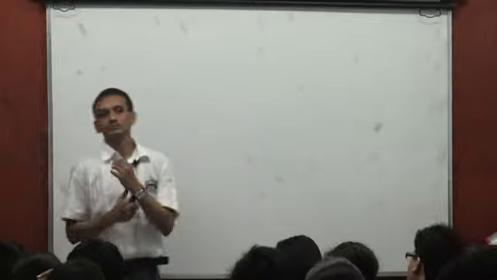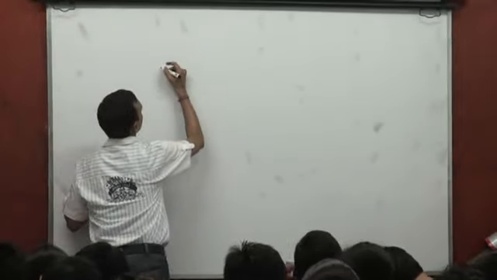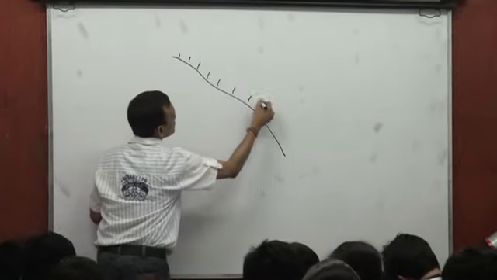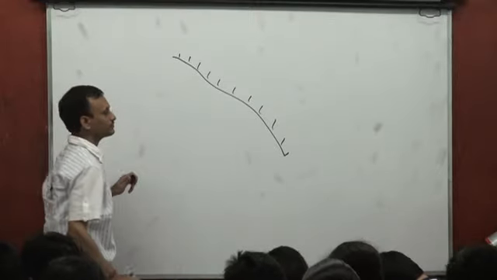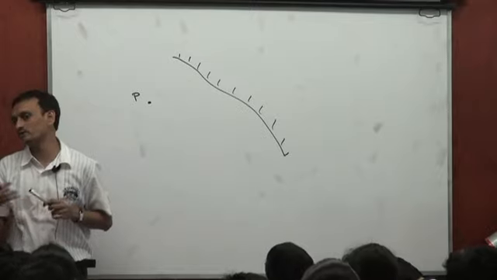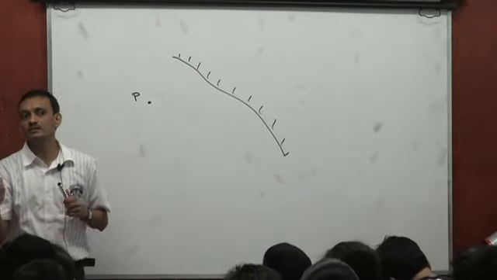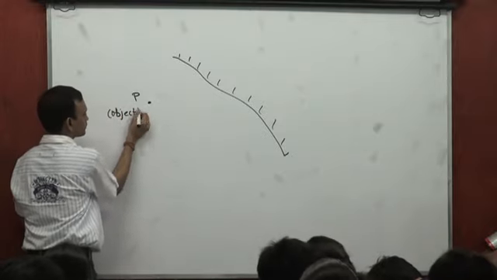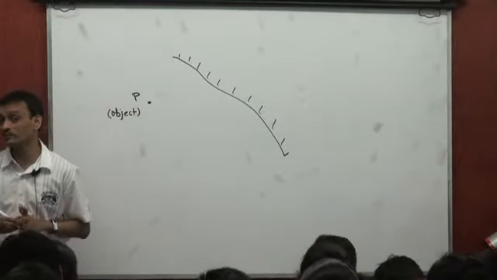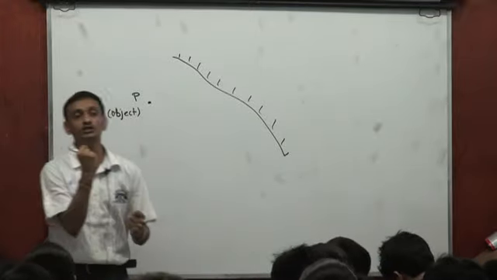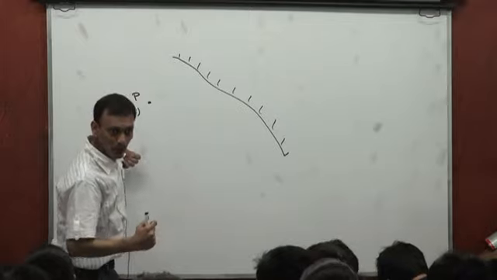Now, for example, suppose this is a certain reflector. And there is a point P, an illuminated point P, which is referred to as an object.